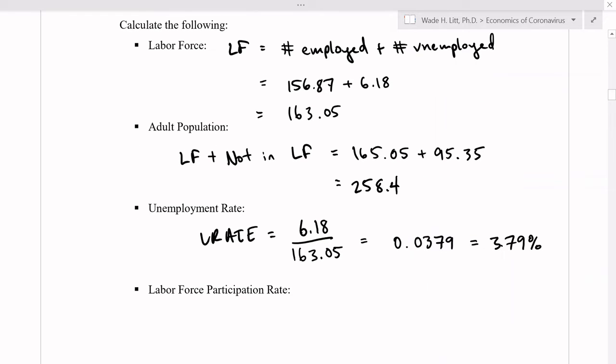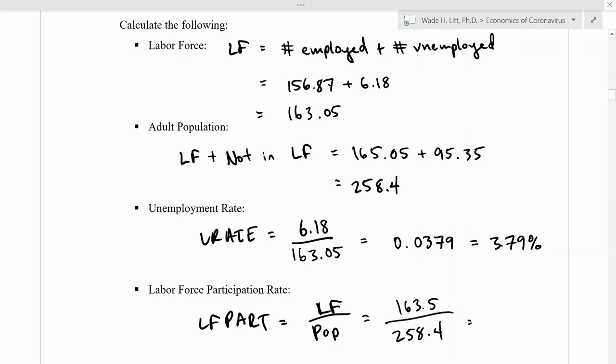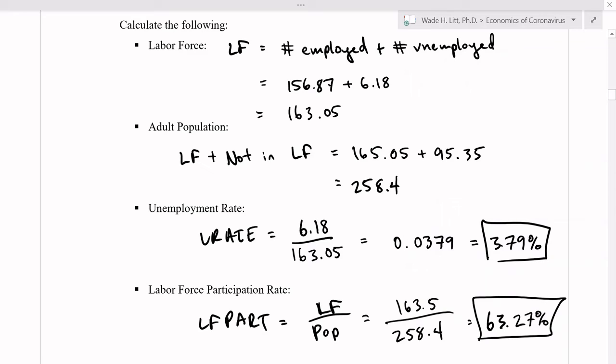Okay, labor force participation rate. Labor force divided by the adult population. 163.05 over 258.4 for 63.10%.